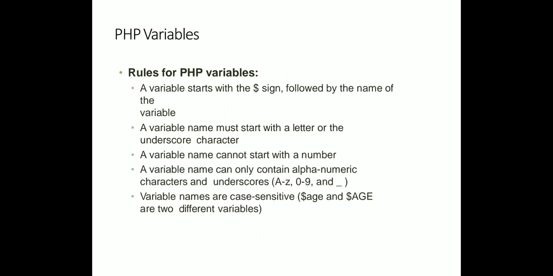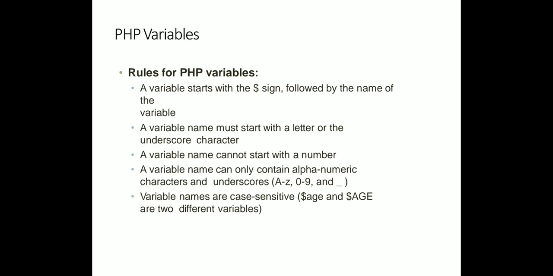These are the rules I have mentioned within the program for how PHP variables are defined. A variable always starts with the $ sign followed by the variable name. A variable name must start with a letter or underscore character. A variable name cannot start with a number. A variable name can only contain alphanumeric characters and underscore, like A to Z, 0 to 9, and underscore.